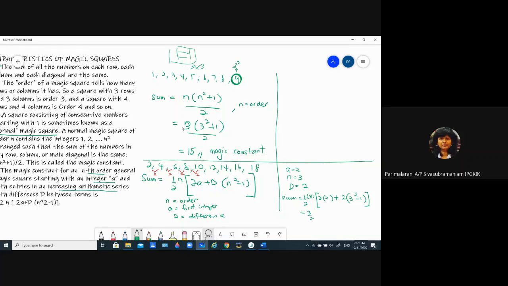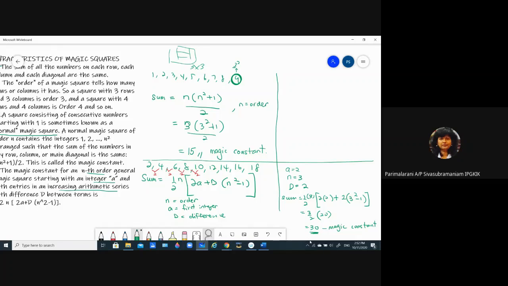This is 3 over 2 into 2 times 2, 4, plus 2 times 3 squared minus 1, so 8 times 2, 16, plus 4 is 20, so 3 over 2 times 20 is 30. 30 is also known as the magic constant. That means the sum of all the numbers in each row, each column, each diagonal will be 30.